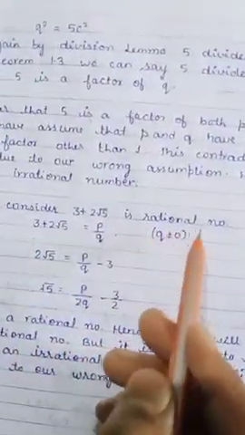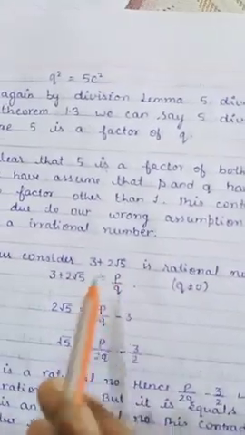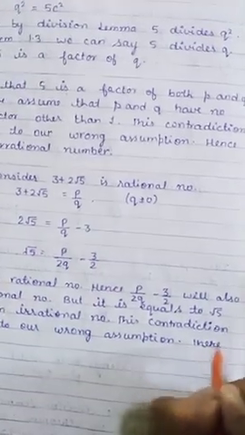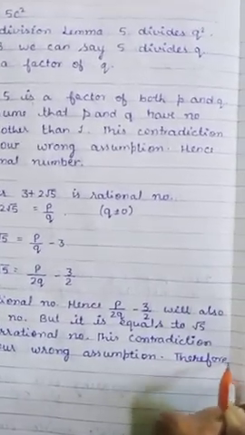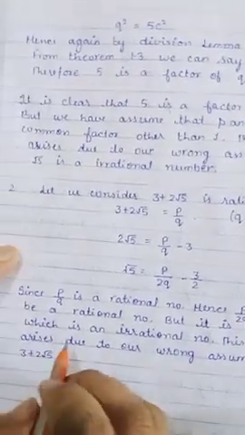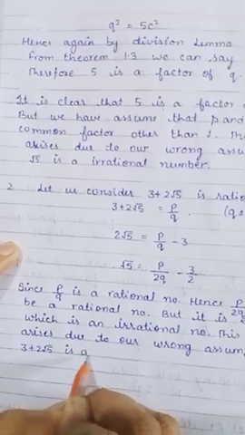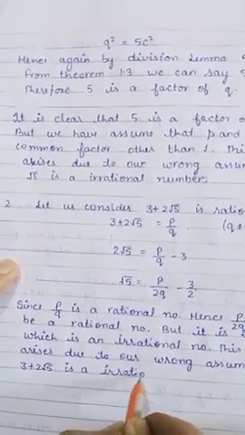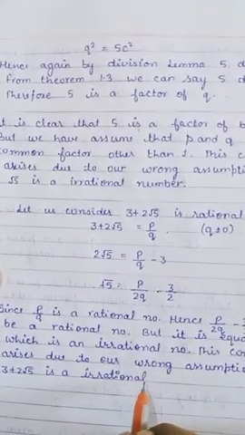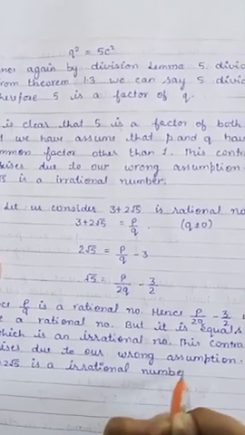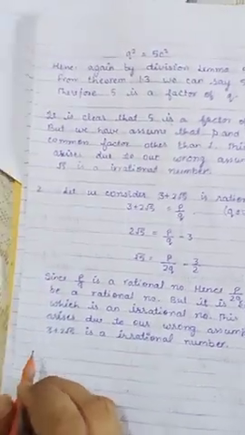So this is our wrong assumption. So what it will be? If it is not rational, then it will be what? It will be an irrational number. Therefore, 3 plus 2 root 5 is an irrational number. So this is the end of the second question.